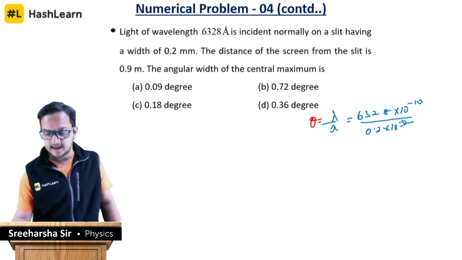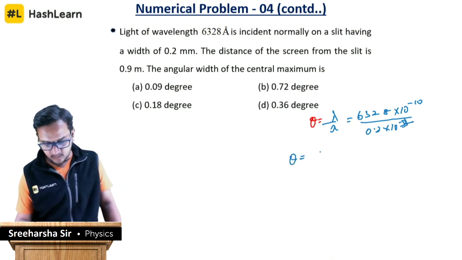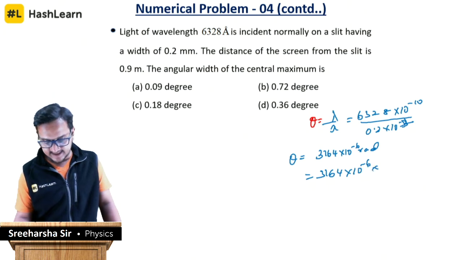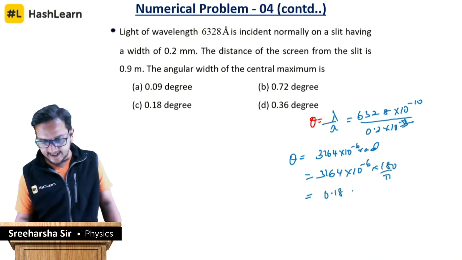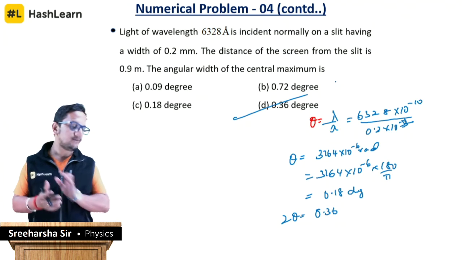So theta is equal to 3164 into 10 power minus 6 radians. Converting it, 3164 into 10 power minus 6 into 180 by pi, you will have 0.18 degree. But we need 2 theta, which is equal to 0.36. So the correct answer is D.